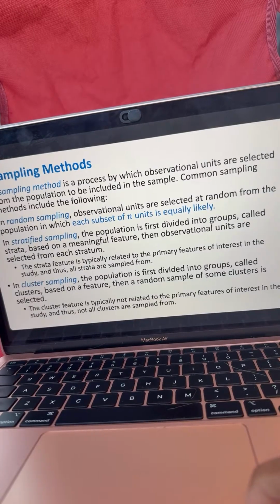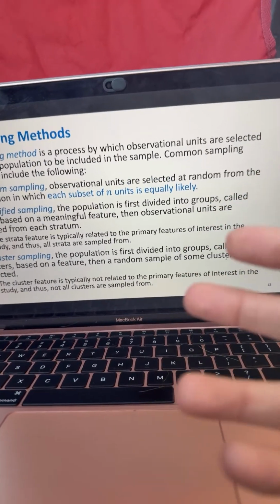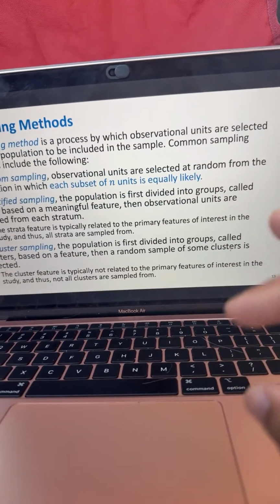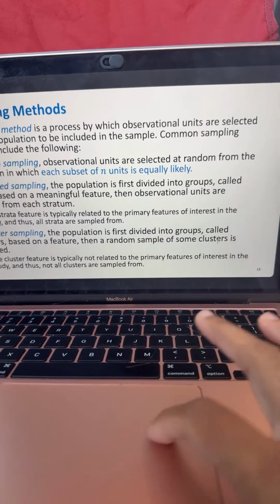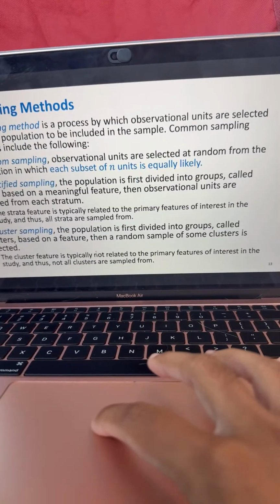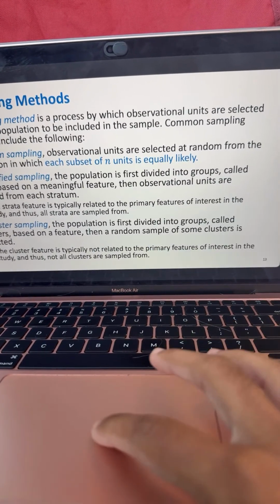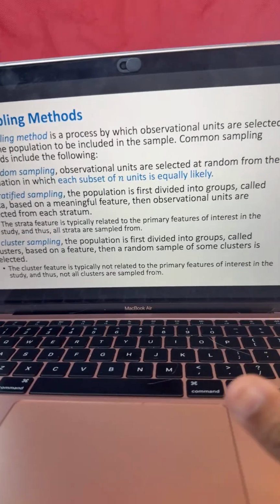So you're taking samples from the clusters, right? Each one has their own group, and then you take a sample from those clusters. The cluster feature is typically not related to the primary feature of interest in the study, and thus not all clusters are sampled from. Okay, so that makes sense.